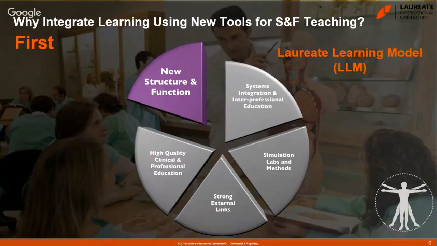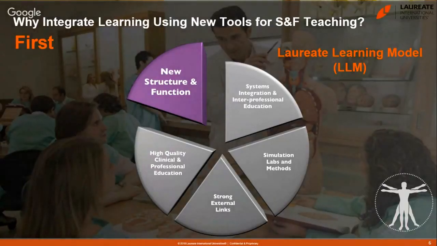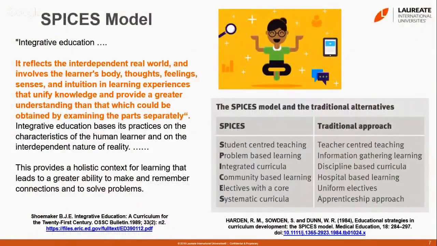To answer this important question, at first we need to review the historical changes in this area. I'd like to discuss with you this paper from Harden, 1984. It's really amazing to observe that Harden and colleagues proposed a new way to organize the health science curriculum in an integrative approach.